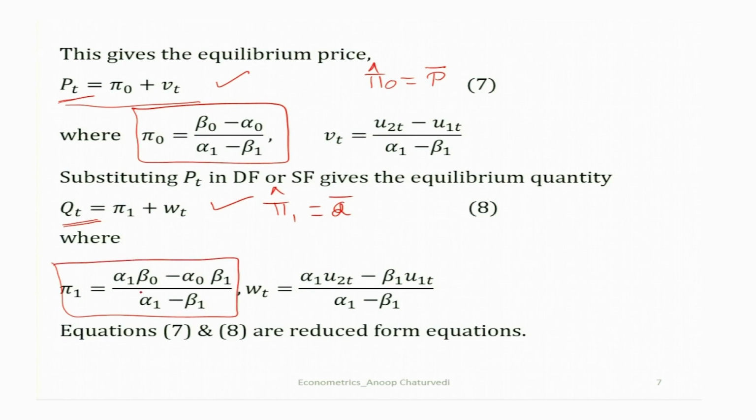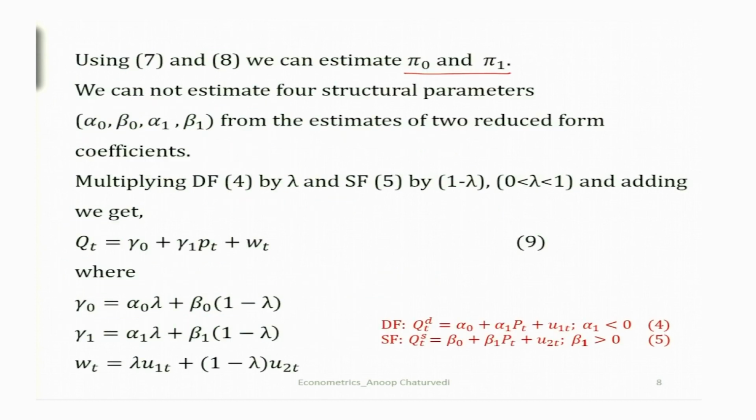Using these two relations, you cannot obtain solutions for alpha naught, beta naught and alpha 1, beta 1 in terms of pi naught and pi 1. So, in this sense we say that the equations are not identifiable.